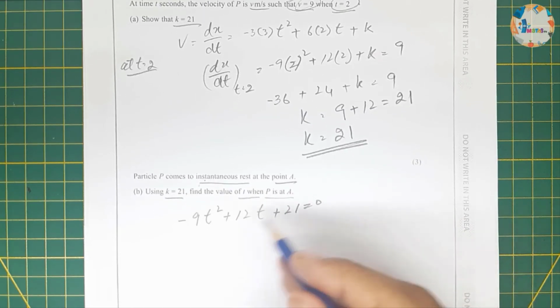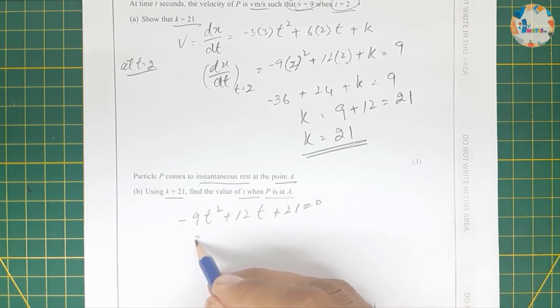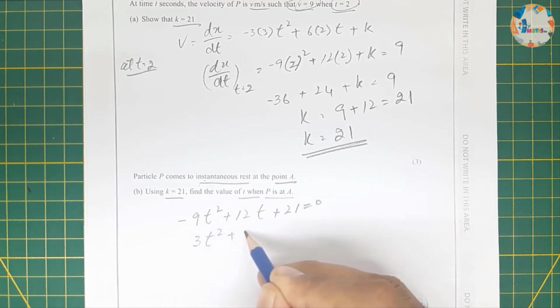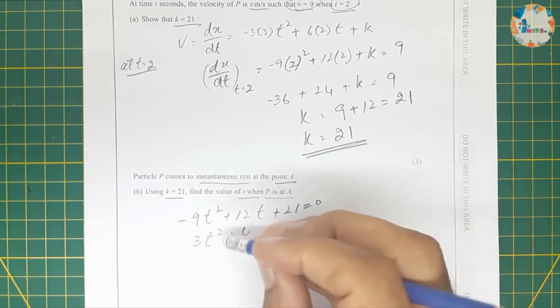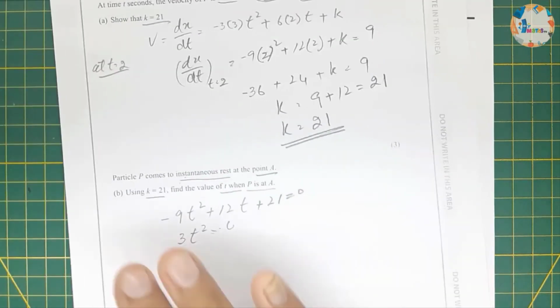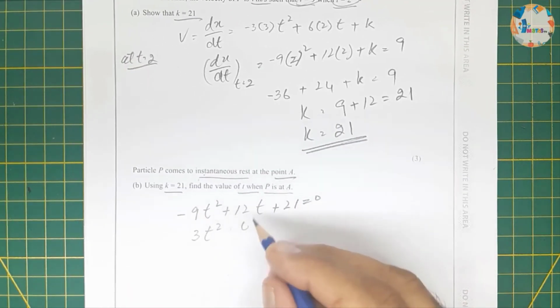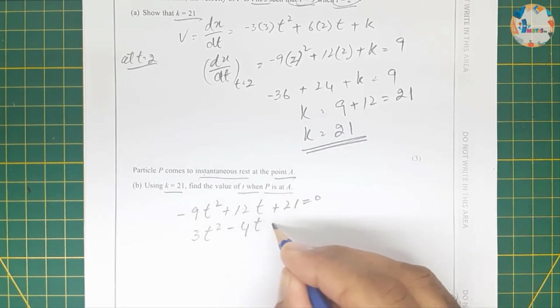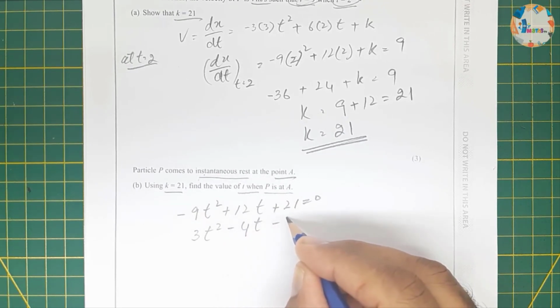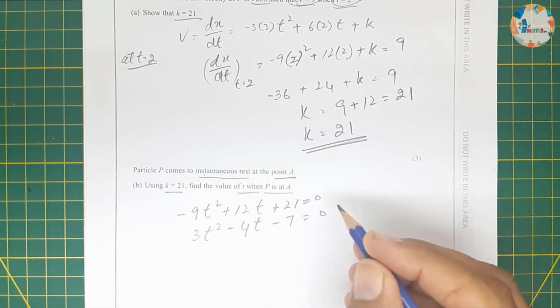We have to solve this one. So we'll divide by minus 3, we will get 3t squared minus 4t minus 7 equal to 0.